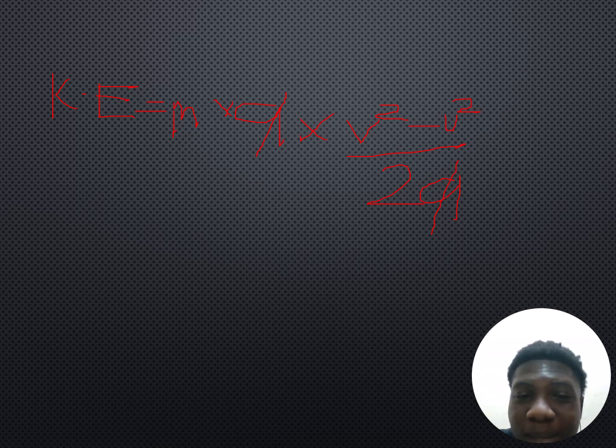So here we can say that KE is equal to m multiplied by v squared minus u squared all over 2. You have something like this. This can also be written as half.